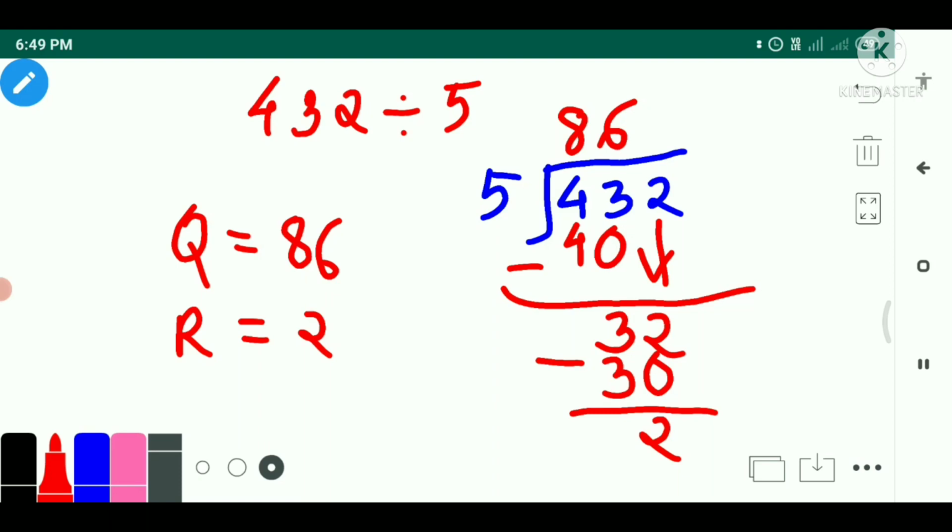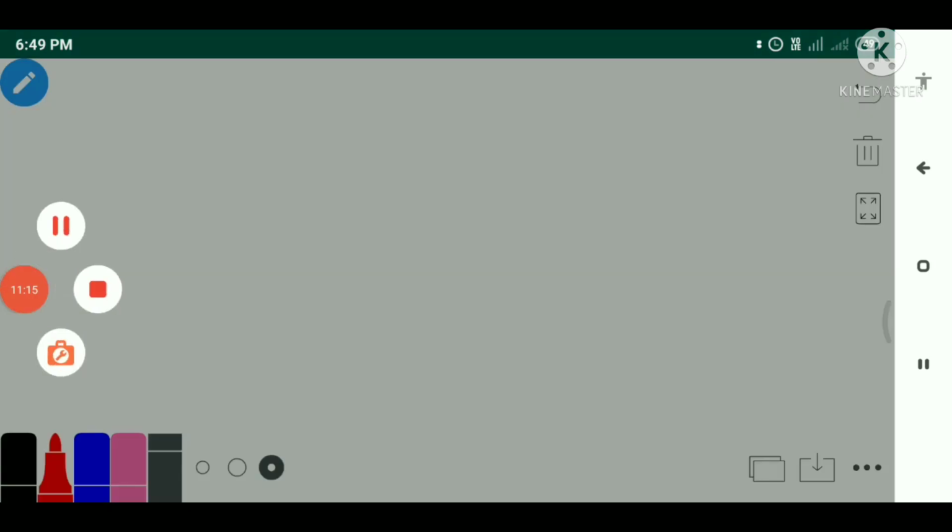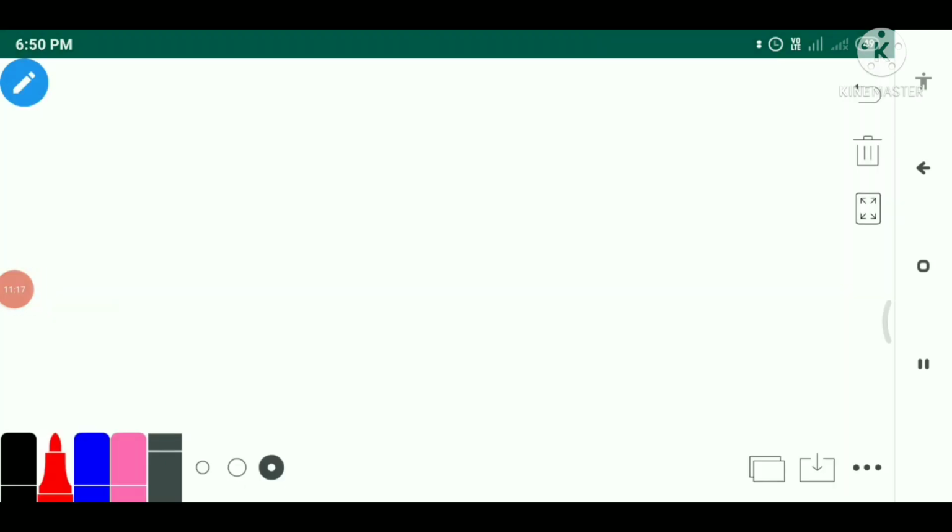Okay, I hope that you have understood about this division. Okay, now my dear students, let me tell you how to divide with zeros in the quotient. Okay, so suppose we need to divide 808 by 8. Okay, so how we can do this type of division, how we can divide this number?